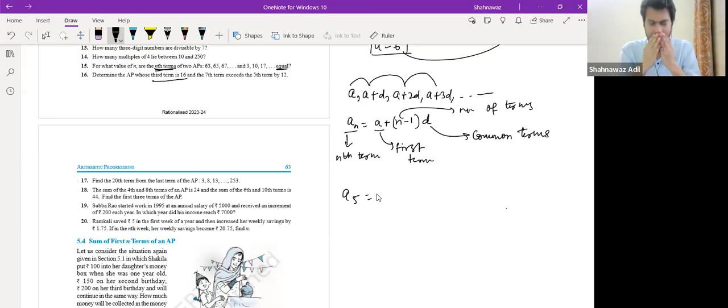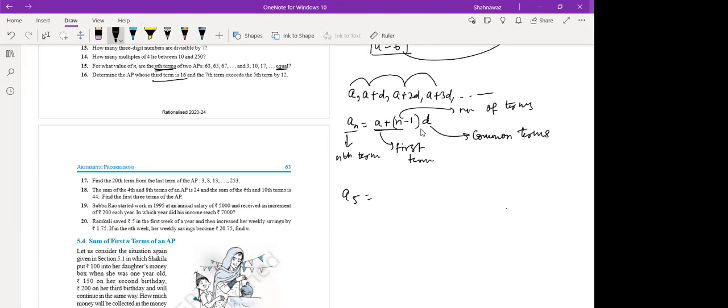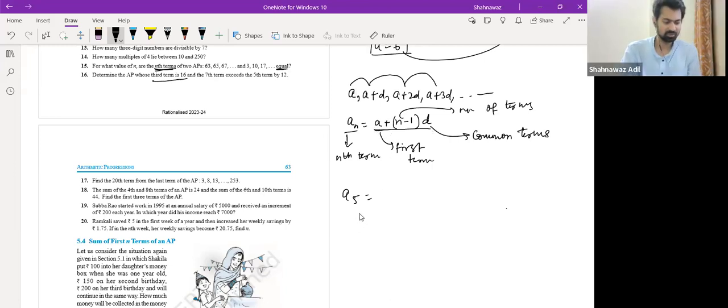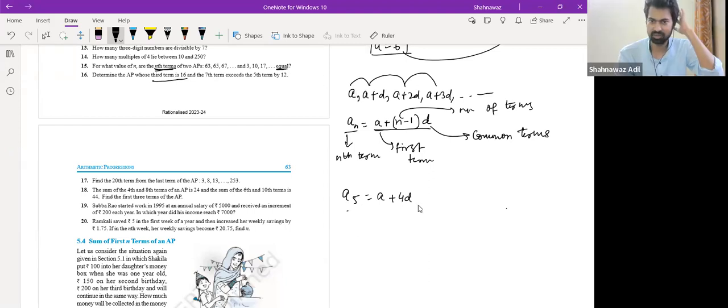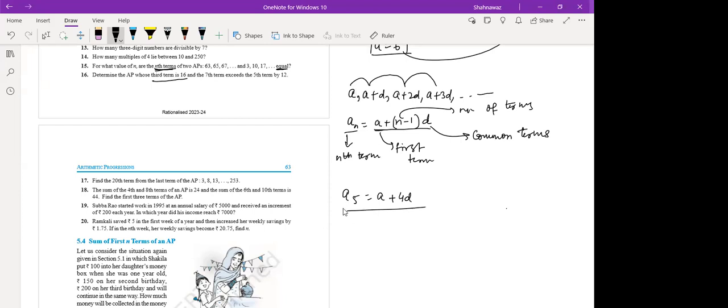Answer. Yes, Talha. What is A5? Just apply this form. A5. Oh, okay. A plus, yeah, 4D. Yes. Now you are quick.